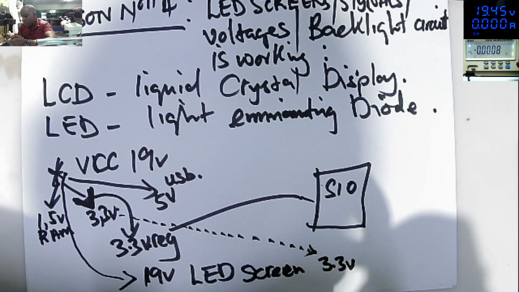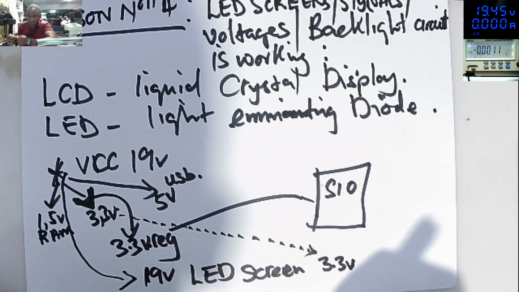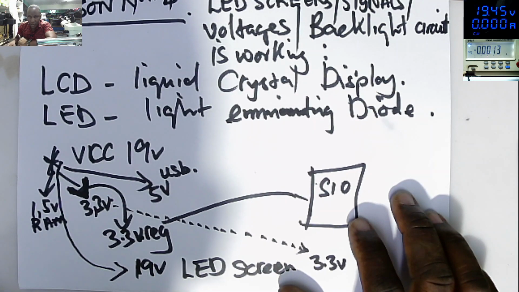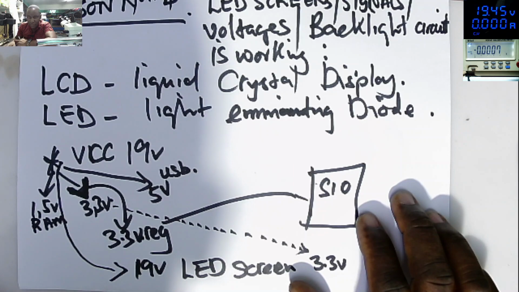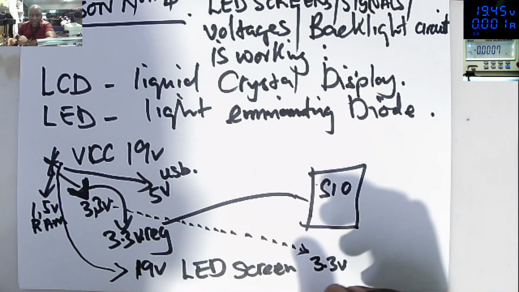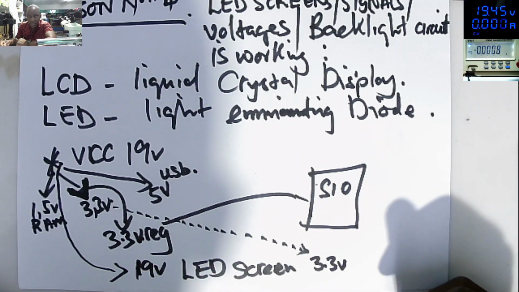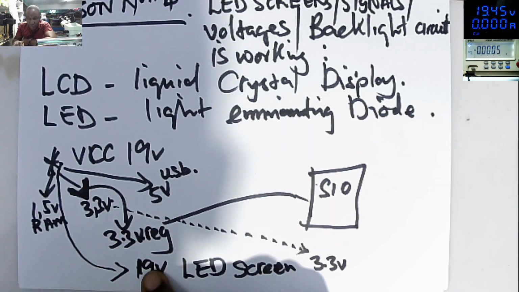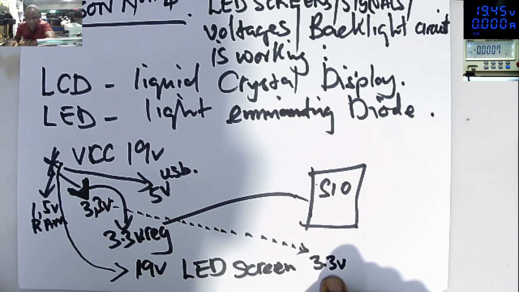So if we check on the screen, you will find like 2 fuses there. If you open up the screen, you will see two fuses. They can be white, they can be brown, they can be like some black resistors. That's less important. But one fuse is connected to 19 volts and the other one is connected to 3.3 volts.